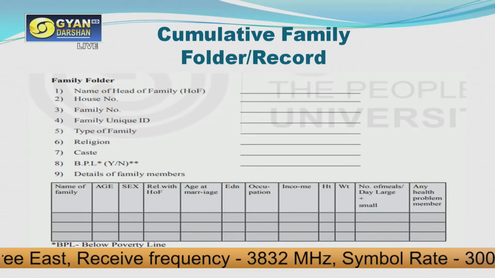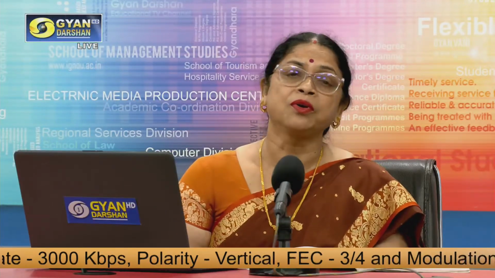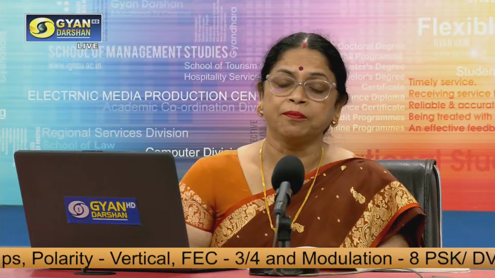You can also ask the income of the family, whether both the parents are working or one parent is working, and ask their name. Height you can record of all the family members. Weight also you can take, and number of meals per day. In the villages sometimes they have two major meals.